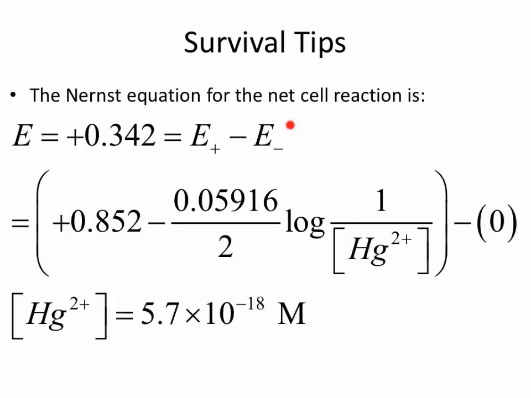Now, we know that E minus is 0 because that's the standard hydrogen electrode, and that means that this plus 0.342 value has to be equal to this term in parentheses, and we know that that then is plus 0.852 minus 0.05916 over 2 times log of the inverse of the mercury ion concentration. And that means when we solve for this, we get a value of 5.7 times 10 to the minus 18 molar.